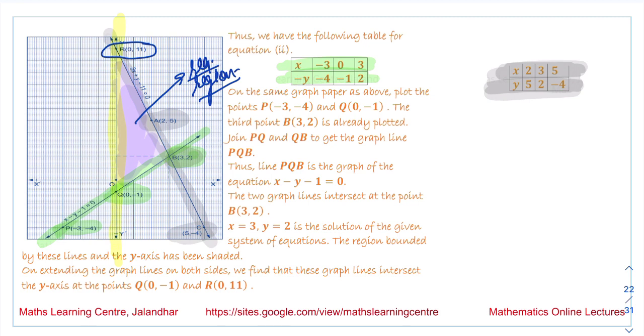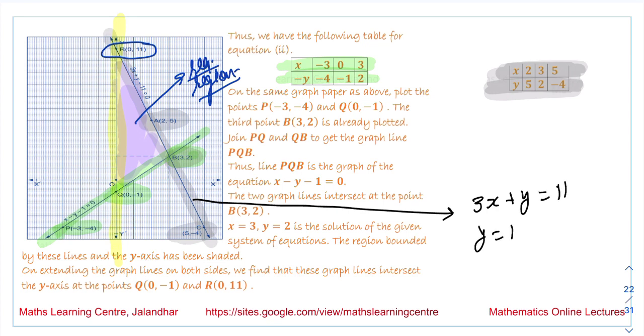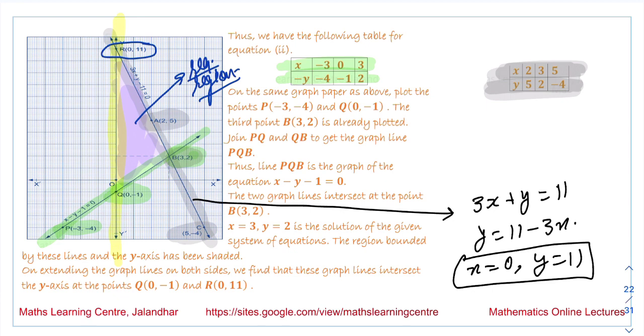The equation of this line we are talking about is 3x plus y is equal to 11. So we get y is equal to 11 minus 3x. If I substitute x is equal to 0, I will get y is equal to 11. So x is equal to 0 means this point we are talking about, and y is equal to 11 is this point.